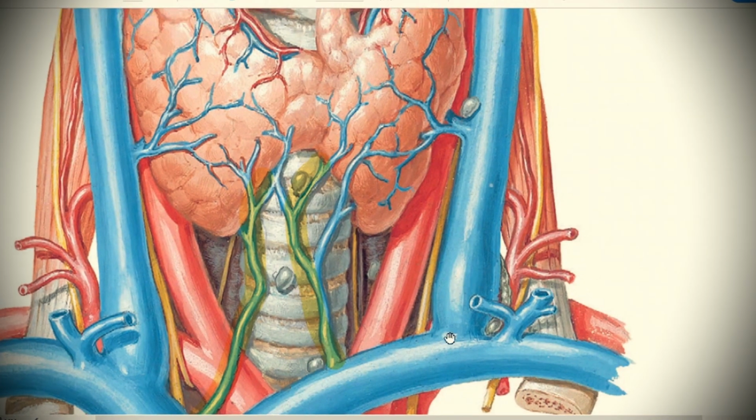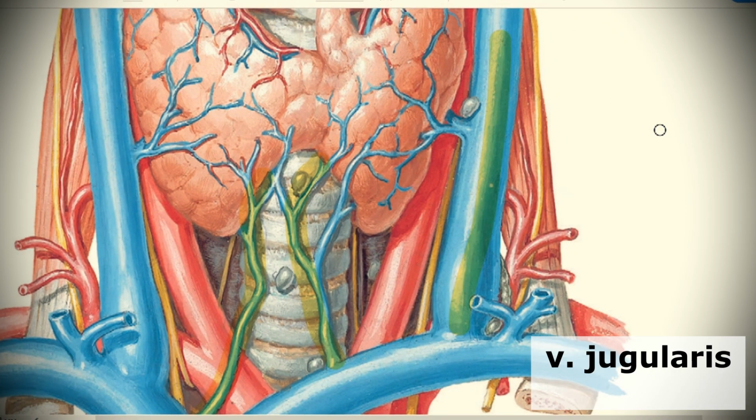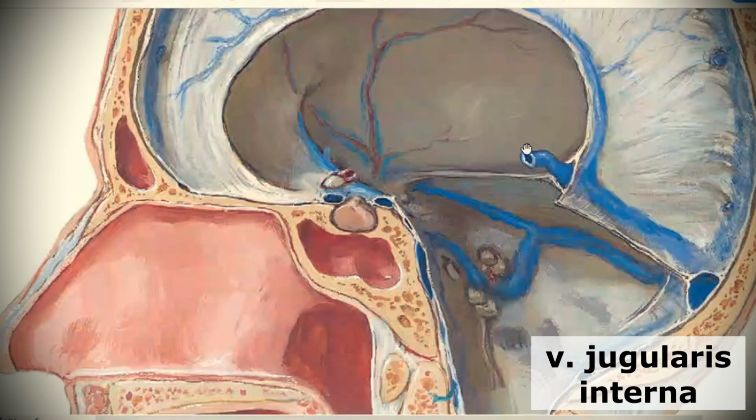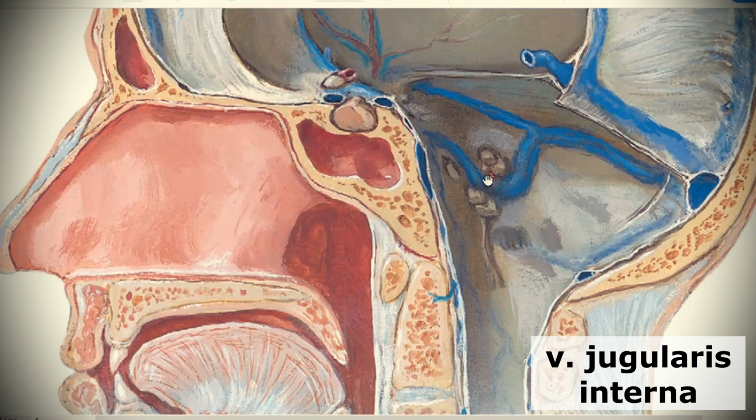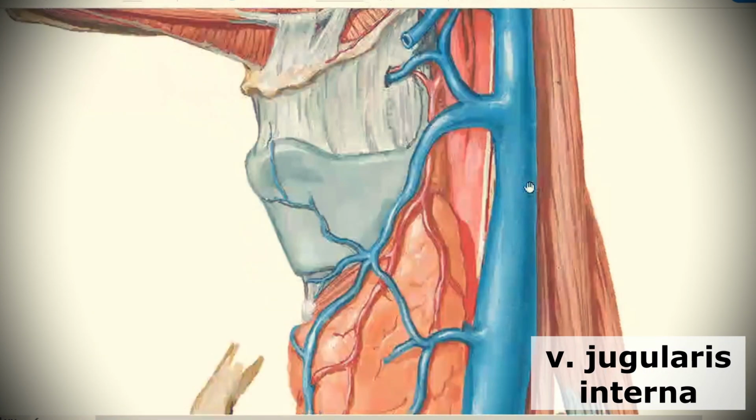Now we're going to talk about the vena jugularis interna. All blood from your head and neck is drained by this vessel. The vena jugularis interna is a straight continuation of the sinus sigmoideus. Because you remember, the sinus sigmoideus comes to the foramen jugulare, falls into this foramen, and actually becomes the vena jugularis interna.